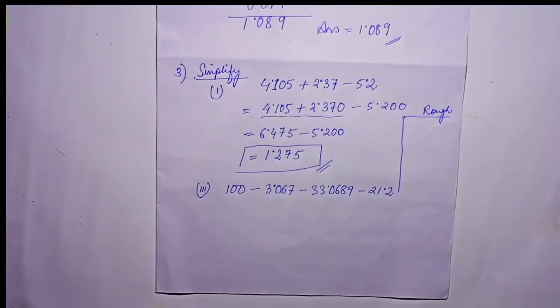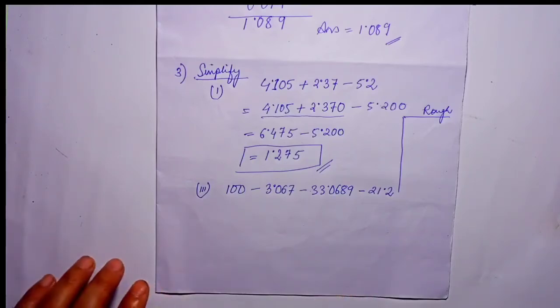Now see question number 3, sub question 3. The question is 100 minus 3.067 minus 33.0689 minus 21.2. Okay, you do one thing first.